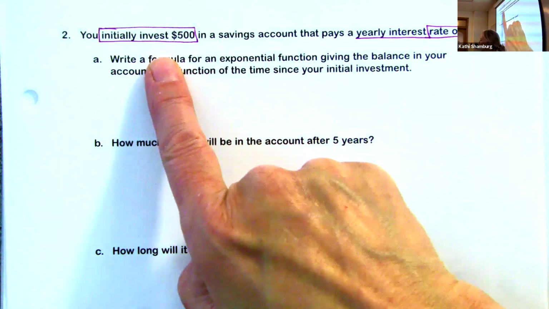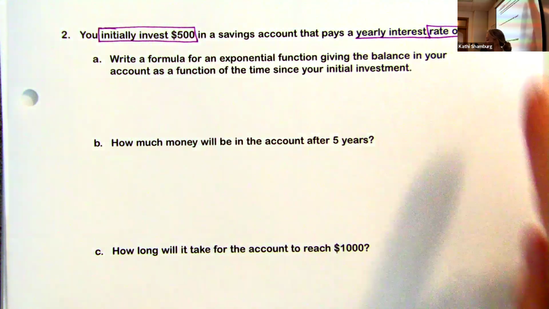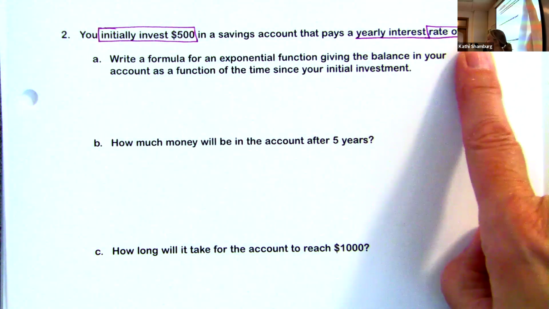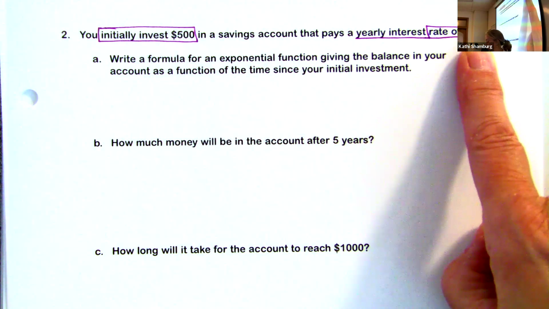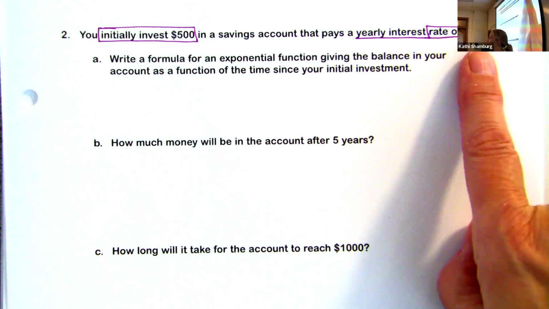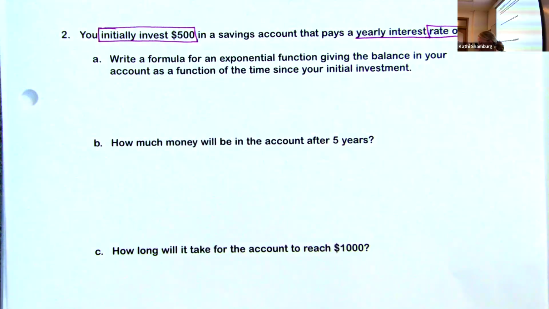All right, so first off, we know this is an exponential model because we have a constant what, increase or decrease percentage? Increase. We have a constant percentage increase of 4%. So that's what makes it exponential. What is the $500?